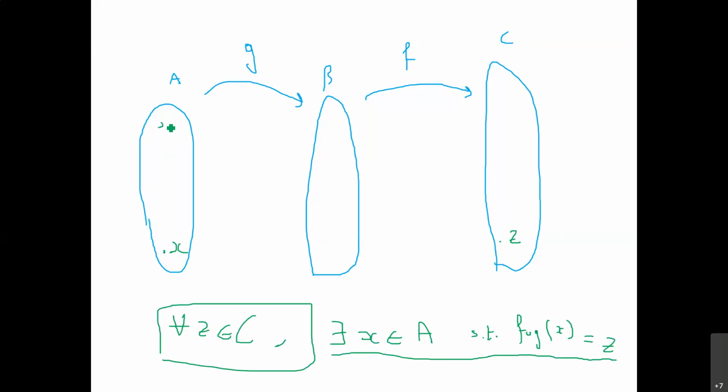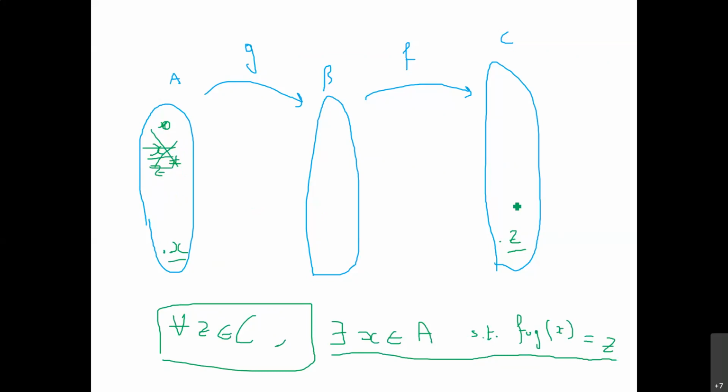There's no x. First of all, x has no relation with z because they're in different sets. But if you were saying x and z are both in A and they're different, that's also not necessary because now we're talking about injectivity. So this is all you care about.